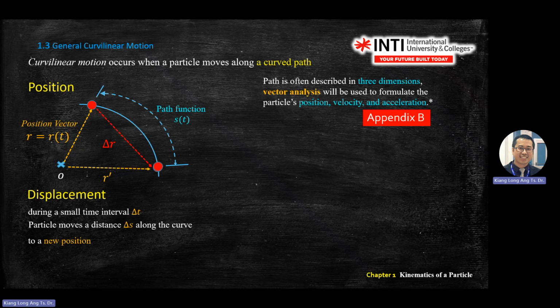You can define one vector as having a tail and a head. See, there's an arrowhead. The vector goes from tail to head. So this is a vector form.